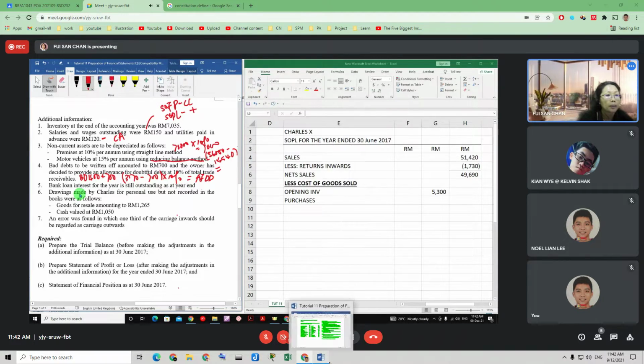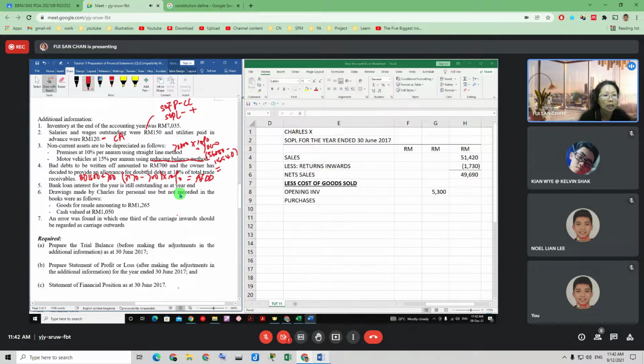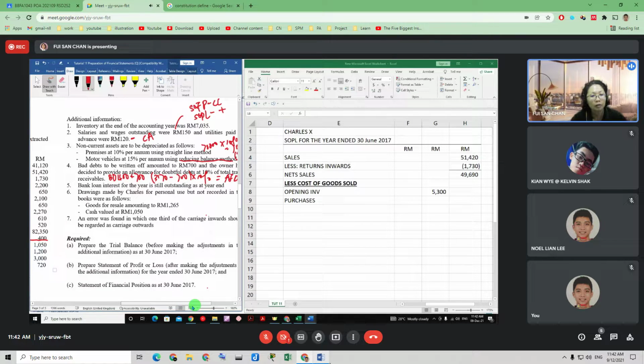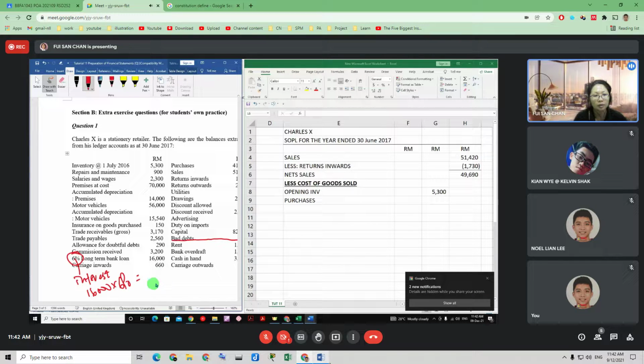Okay, now bank loan interest for the year is still outstanding as at year end. So how do you calculate bank loan interest? You look at your question. Did your question tell you how many percent is your loan? This 6% is referred to the interest. So meaning you take 16,000 times 6%. This is your interest.